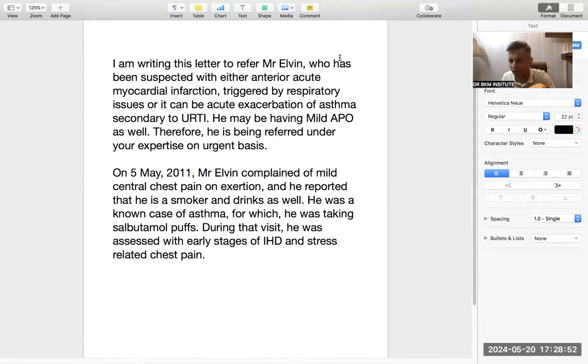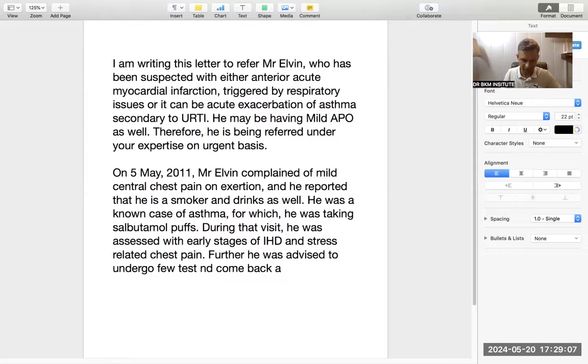So you just go with the flow, don't worry. Further, he was advised to undergo a few tests and come back after 1 week. So this is the story that is ongoing. So let's see how we go further.